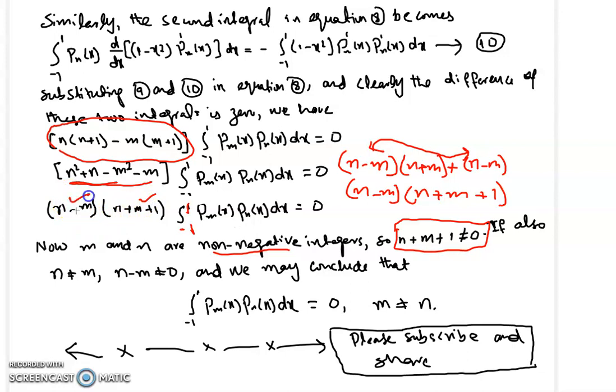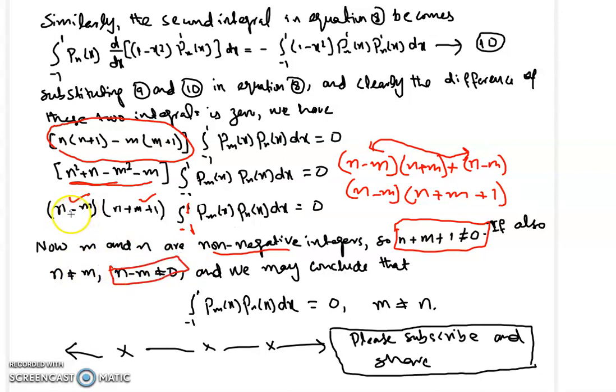Now consider n minus m. As we discussed at the start, n is not equal to m, so when n is not equal to m, their difference is also not equal to 0.